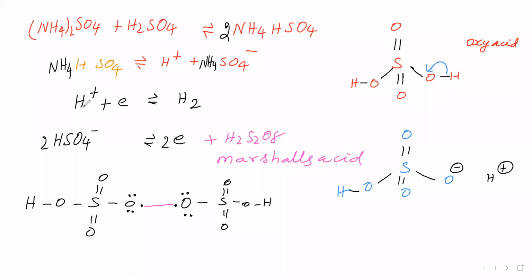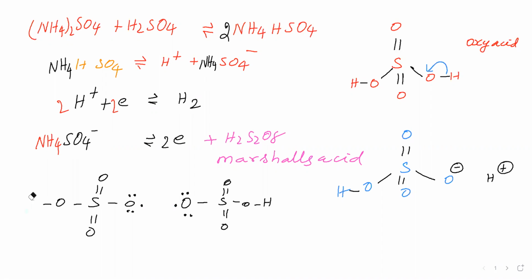This H plus goes to the cathode and becomes hydrogen gas. This NH4SO4 minus goes to the anode and loses an electron.